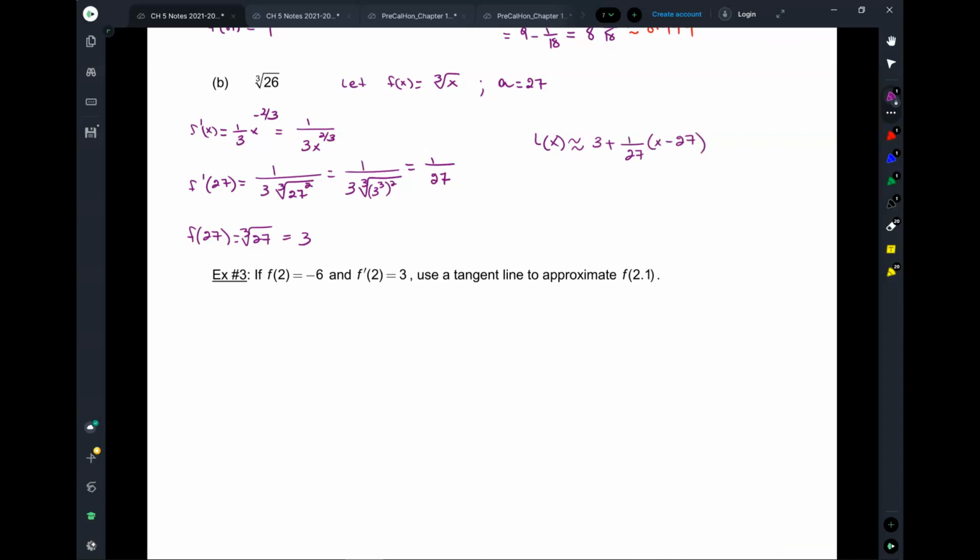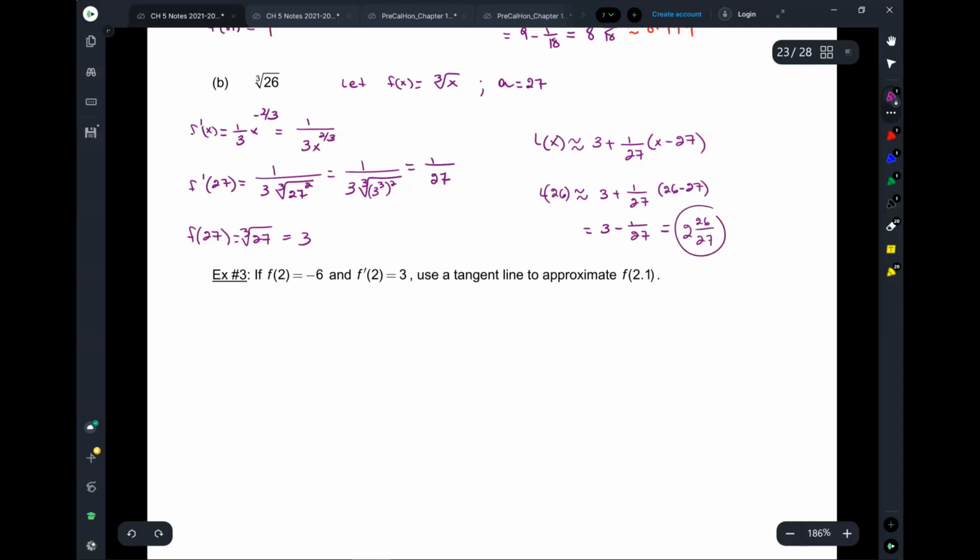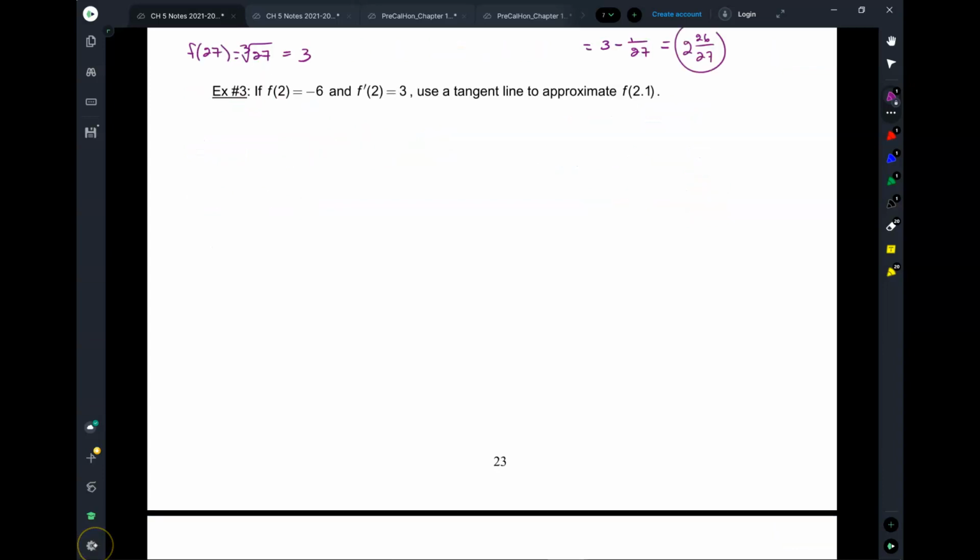So now, L of 26 is 3 plus 1/27 times 26 minus 27. This is 3 minus 1/27, which is how much? That's pretty quick.